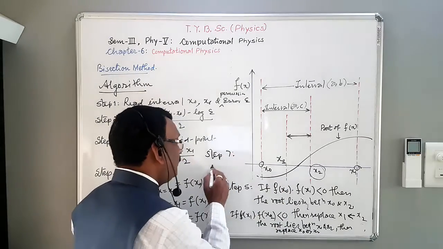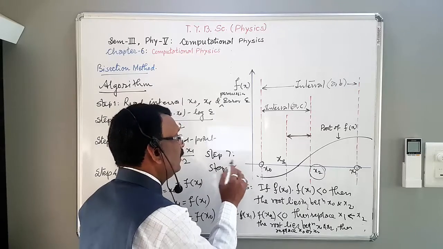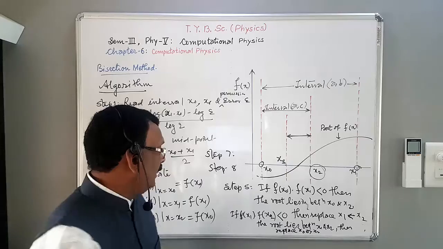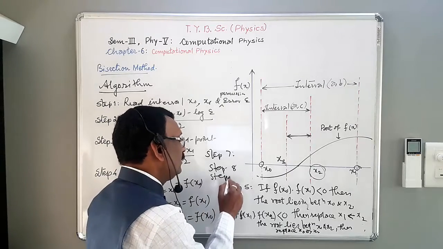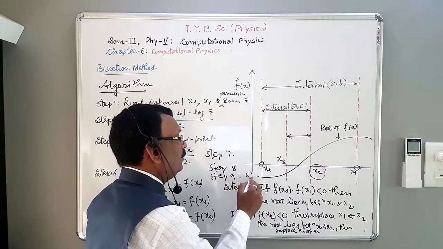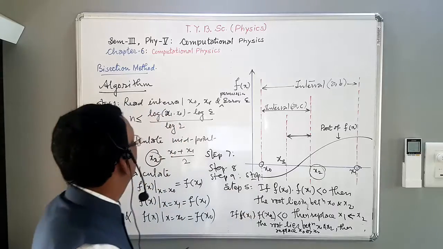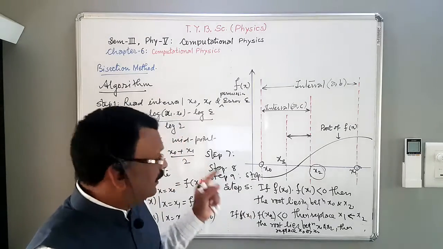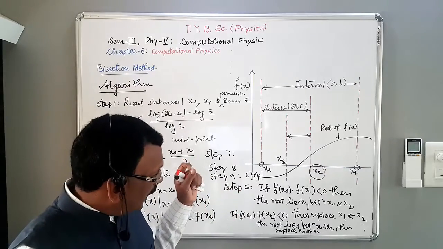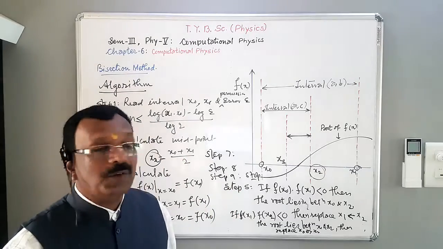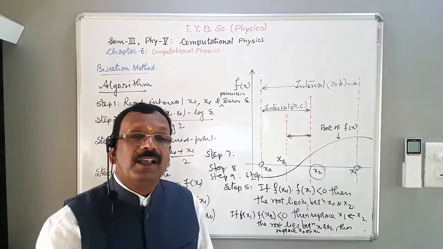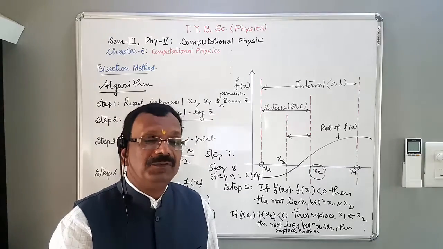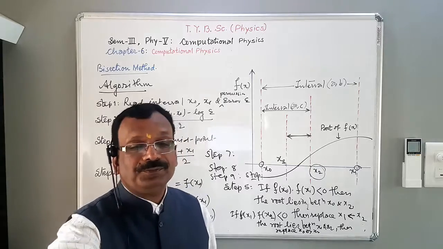And then in step 8, we have to print the value of root, and in step 9 we have to stop. Therefore, in this way we can study the algorithm for the bisection method, which is very simple.